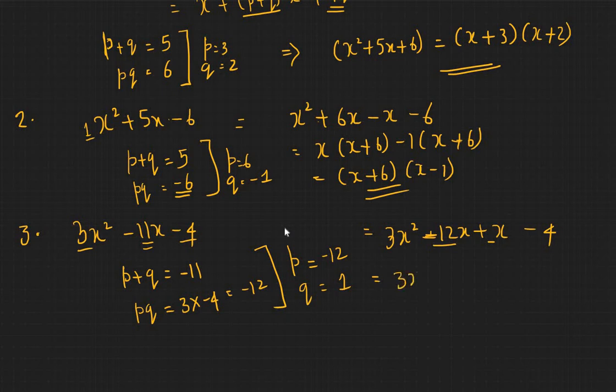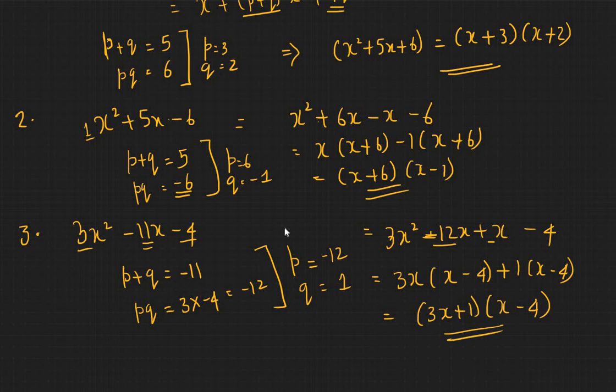You can take common 3x outside. This would be 3x into (x minus 4) plus 1 into (x minus 4). You can take x minus 4 outside. That will give (3x plus 1) and (x minus 4). So that's how you can solve this problem. The key is to remember that your product pq would be 3 into minus 4. You have to multiply the coefficient of x squared as well.